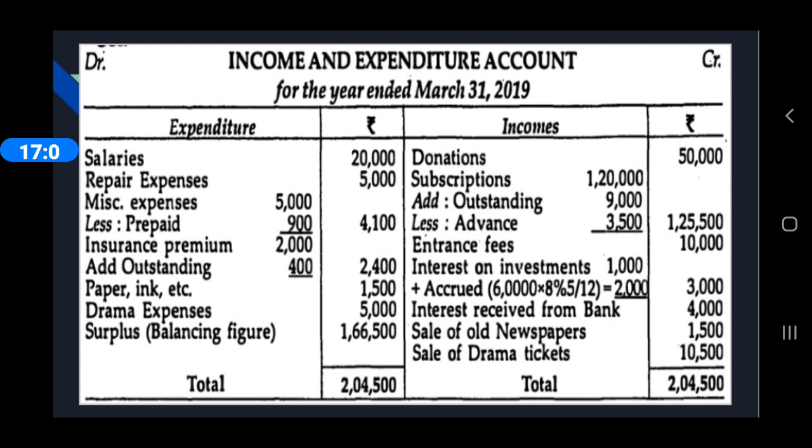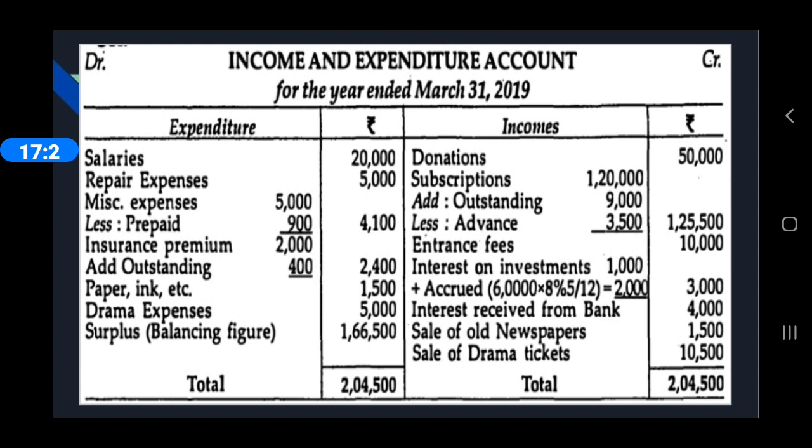Now the income side, that is the credit side, is greater, that is 2,04,500. I have taken it to the debit side and found the difference, that is 1,66,500, the surplus.